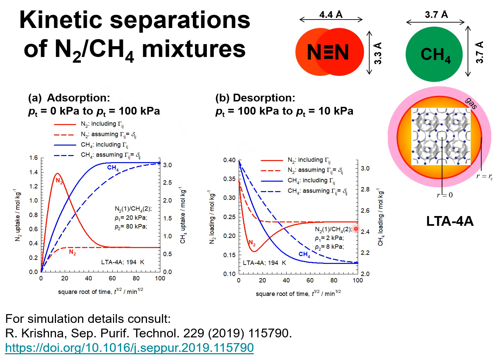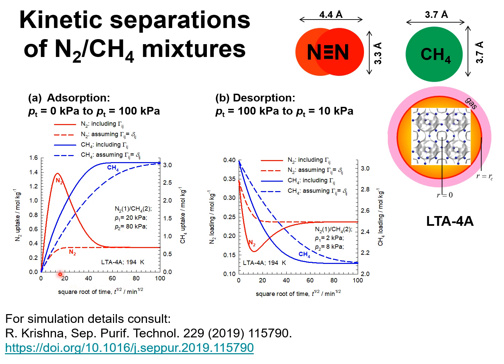I show 2 graphs here, the left showing the transient uptake kinetics for nitrogen-methane mixtures at a total pressure of 100 kilopascals, 20 kilopascal for nitrogen, 80 kilopascal for methane.